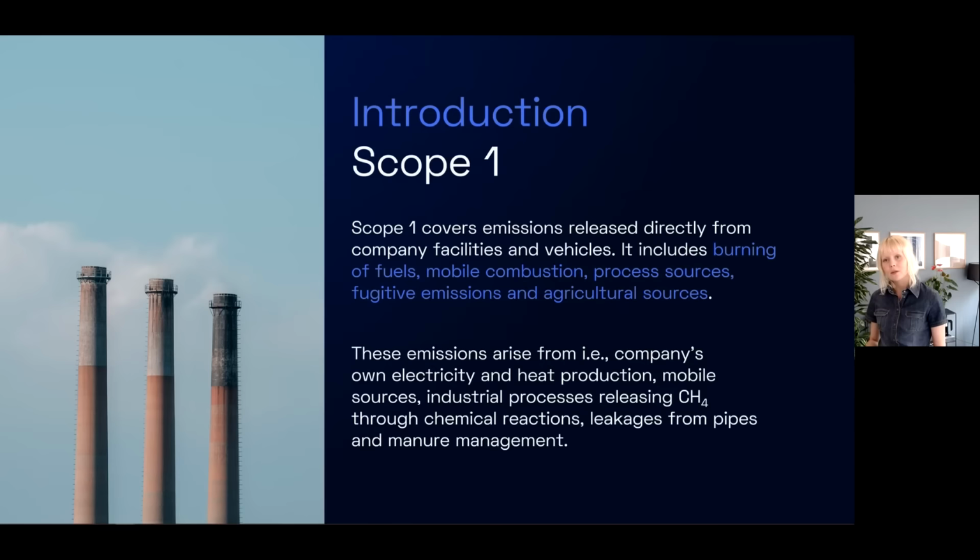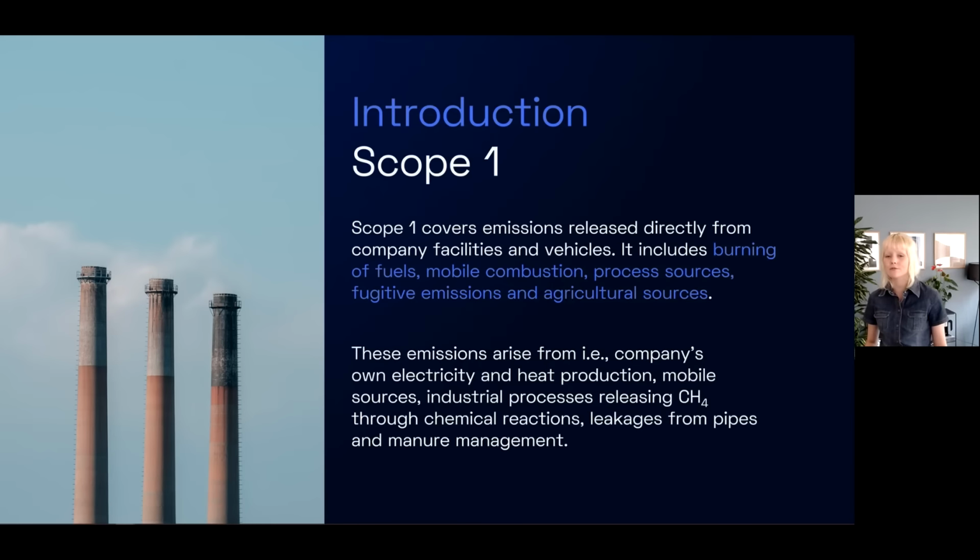So next, let's take a look at the scope 1 emissions more thoroughly. Scope 1 covers the emissions released directly from company facilities and vehicles. And the subcategories for scope 1 are burning of fuels, mobile combustion, process sources, fugitive emissions, which means, for example, leakages from pipes, and then agricultural sources.